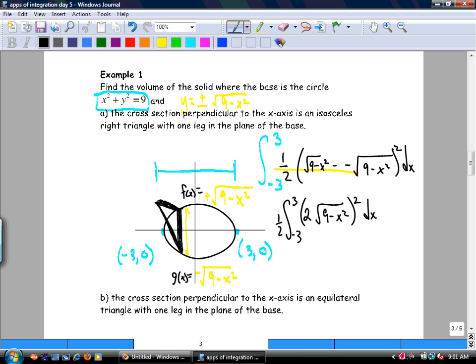Square the 2. 4 over 2, from negative 3 to 3. What happens to the square root? So it's not a hard antiderivative if you're willing to do some algebra to clean it up.